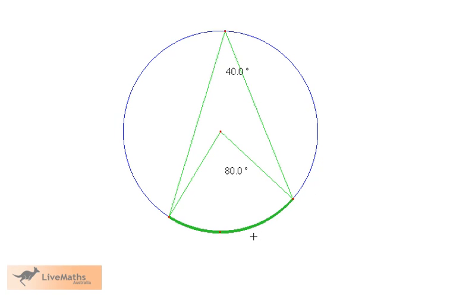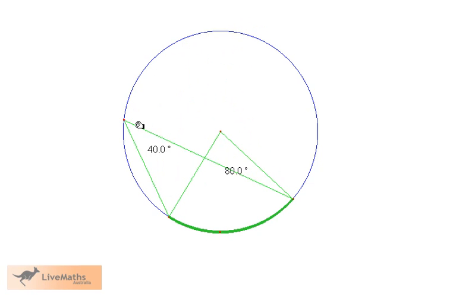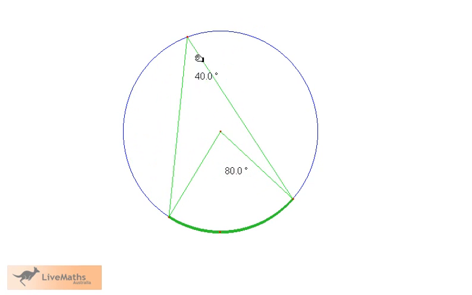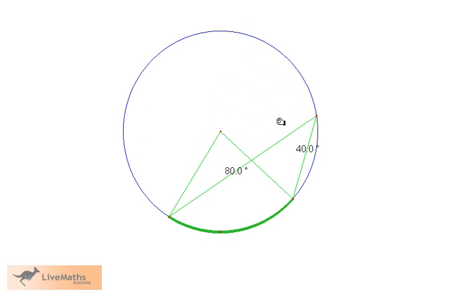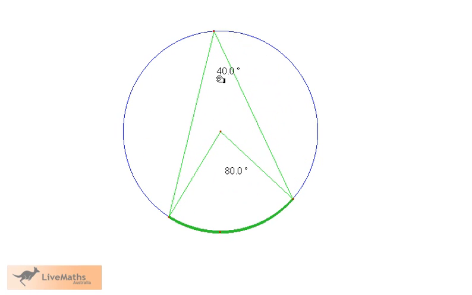Here we have a circle, an arc of the circle, and an angle standing on that arc with its vertex at the circumference. We know from the previous example that if we move this point around the major arc, the angle stays the same all of the time.